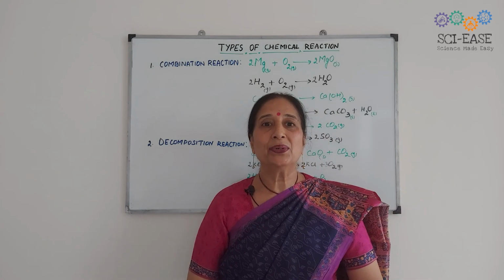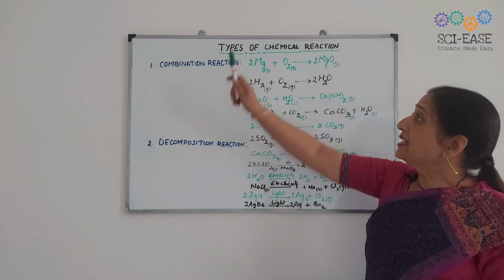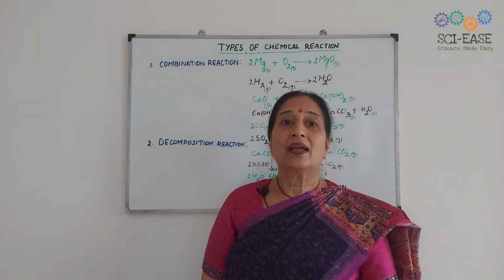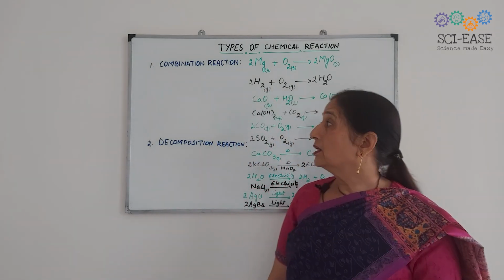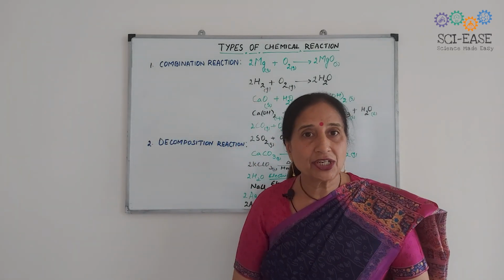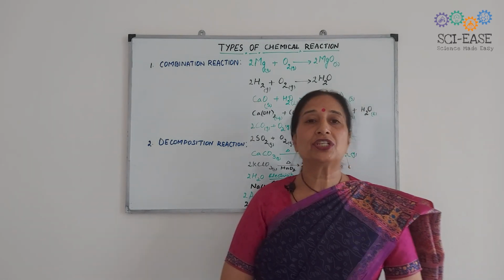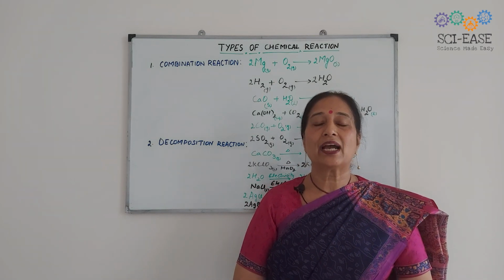In this video, I am going to explain the various types of chemical reaction. In all, there are 4 types of chemical reaction. The first one is combination reaction. Second is decomposition reaction. Third one is displacement reaction.